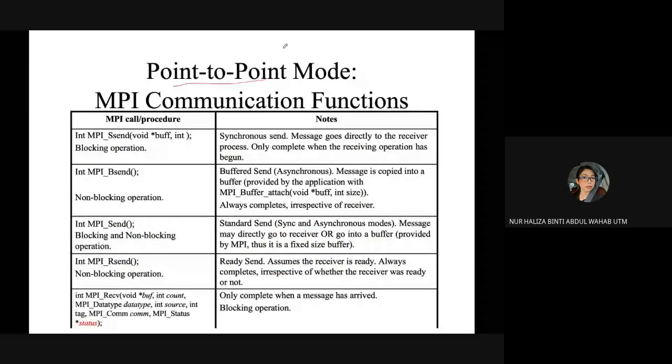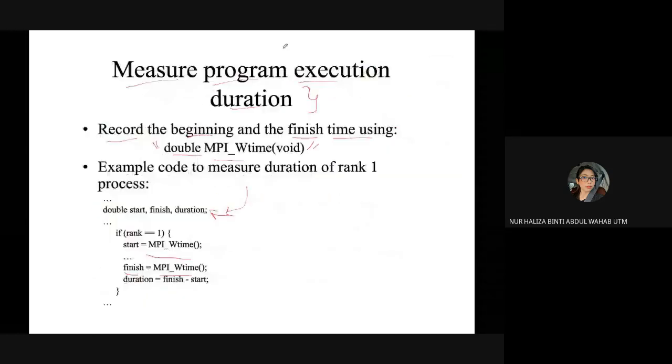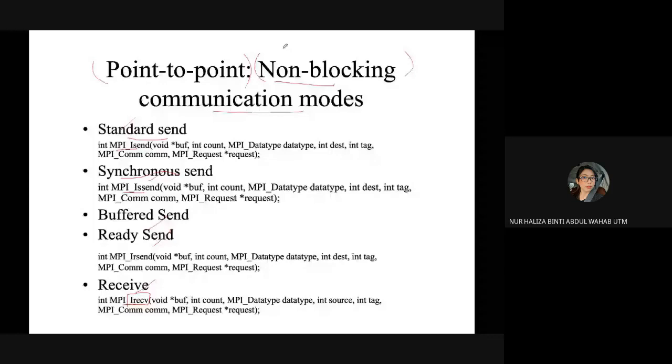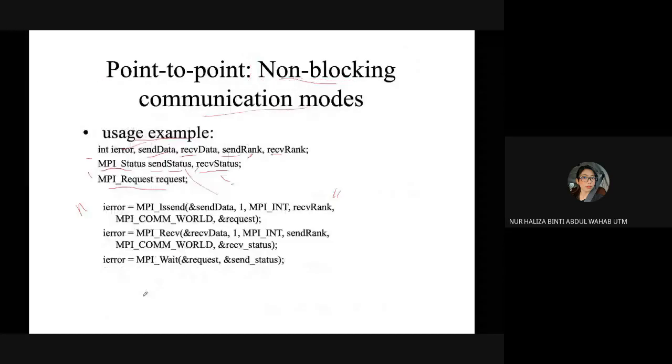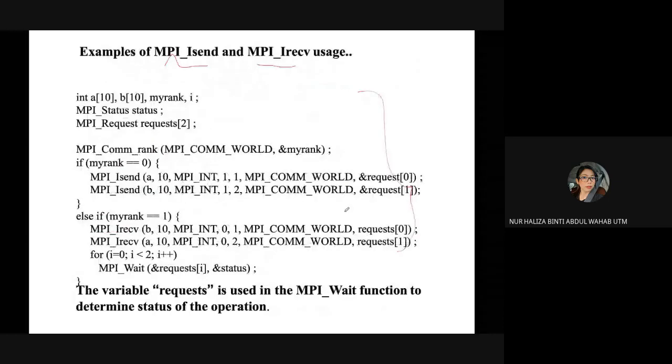But if you want to have the non-blocking example, okay, you're going to use this I send and I receive. That's why I want you to check the difference when you use MPI send and receive versus MPI I send and I receive. What is going to happen, because this one is non-blocking?